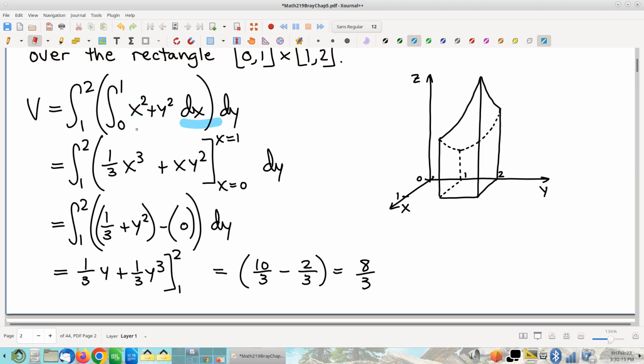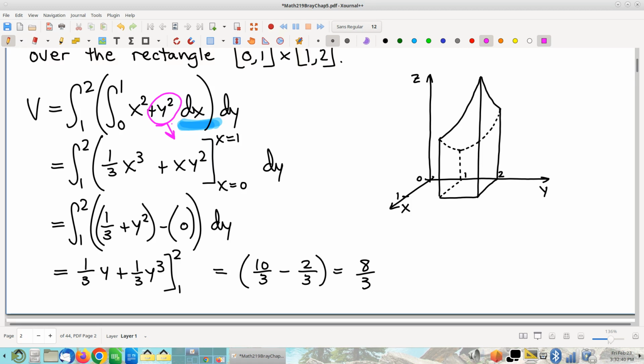Here's the tricky bit. x still being the variable. What am I going to do about y squared? What's the antiderivative of y squared? Now, a lot of students play this a little too carelessly, a little too quickly, and write 1/3 y cubed. You can see the temptation to write 1/3 y cubed, but it's not.